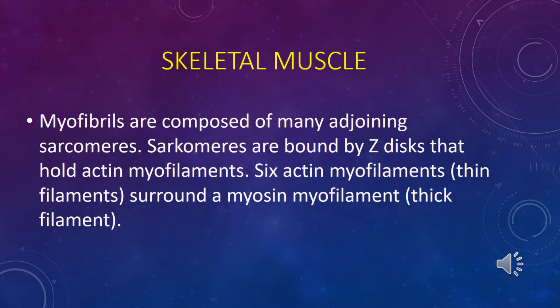Myosin is surrounded by 6 actin myofilaments. Its composition is very strong, and parallel layers of myofibrils form sarcomeres. Sarcomeres in result form light and dark lines in striated skeletal muscle.